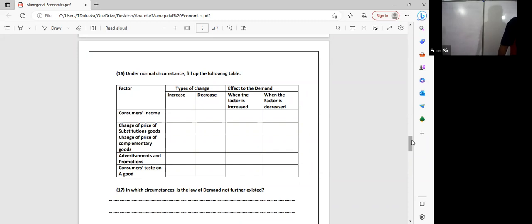In normal circumstances, you have to fill the following diagram or table. Type of change, increase and decrease: the effect to the demand when the factor is increased and when the factor is decreased.